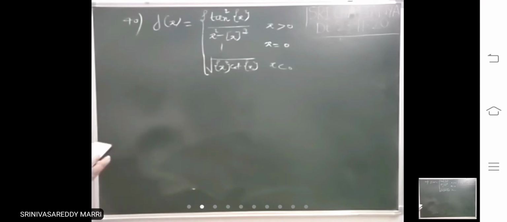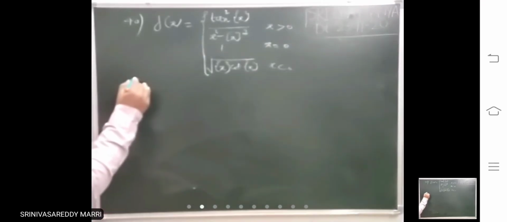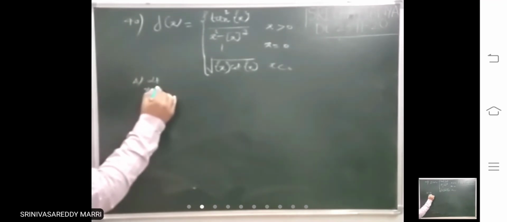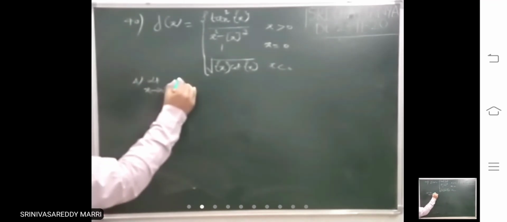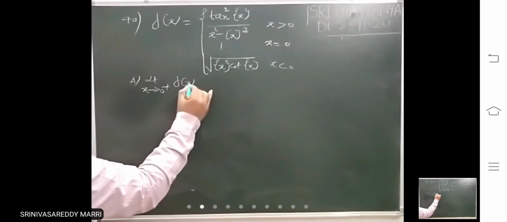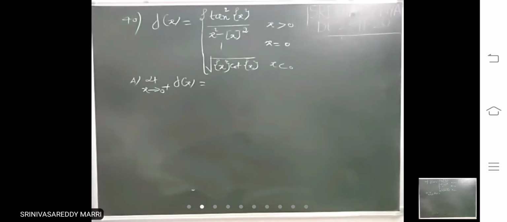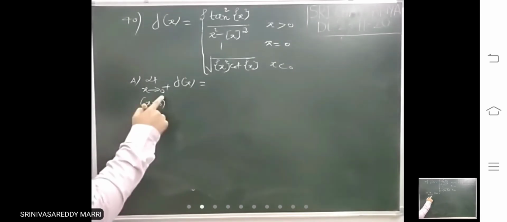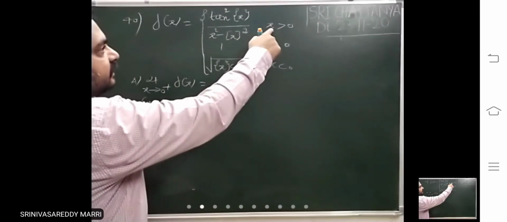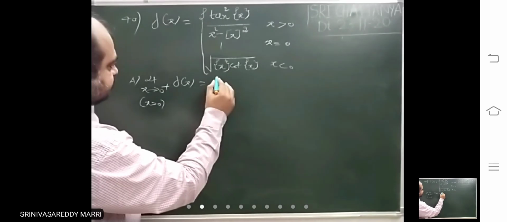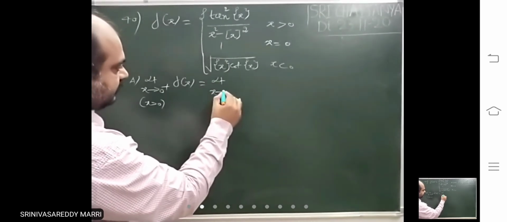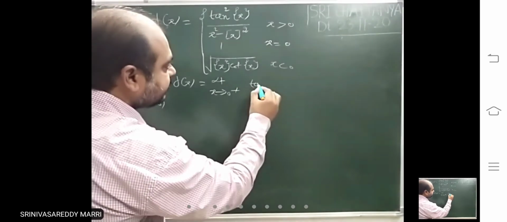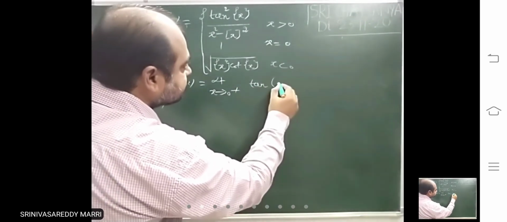So now he is asking, look at, limit x tends to 0 plus, the first option is limit x tends to 0 plus f of x. 0 plus means x greater than 0, whatever is defined there you must take. So limit x tends to 0 plus tan square of the fractional part of x.